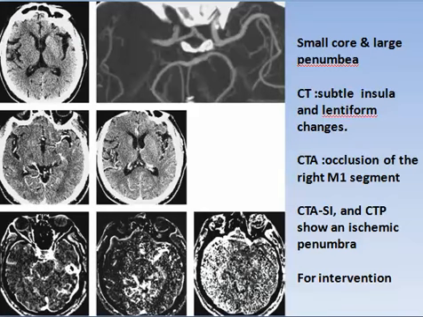Now, here we have the middle cerebral artery, transverse segment, M1, and here we have this area in the CT non-contrast. Subtle insular and lentiform changes. Yes, it lost the density here.